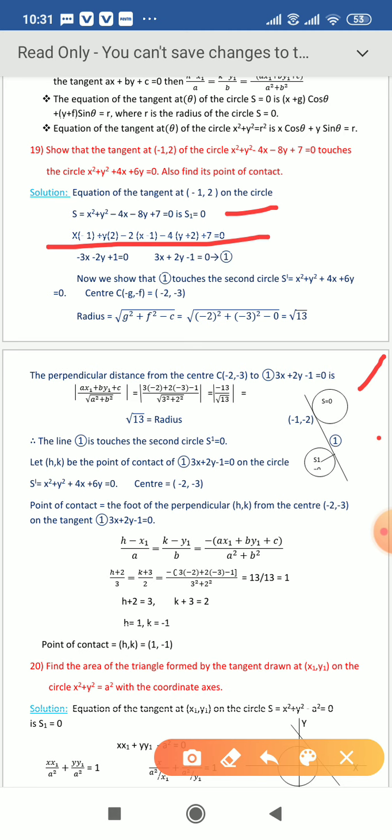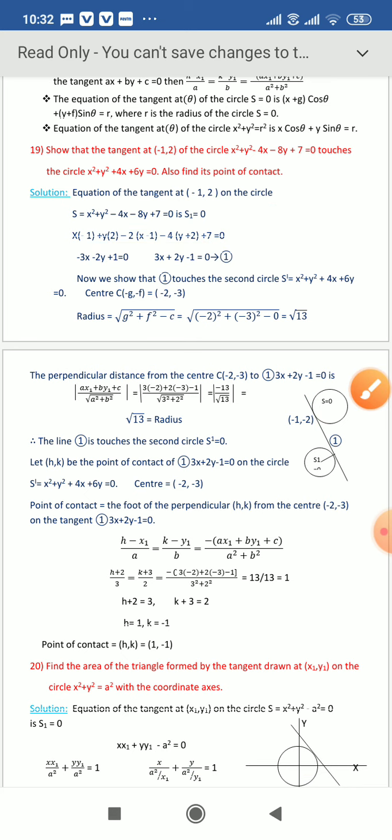Here g is half of the x coefficient. The x coefficient is -4, half is -2, so -2(x - 1) and f is -4, so -4(y + 2) + 7 = 0. Simplifying that, we have 3x + 2y - 1 = 0. This is the equation of the tangent at (-1, 2) to the first circle. Roughly, this is the tangent at (-1, 2).